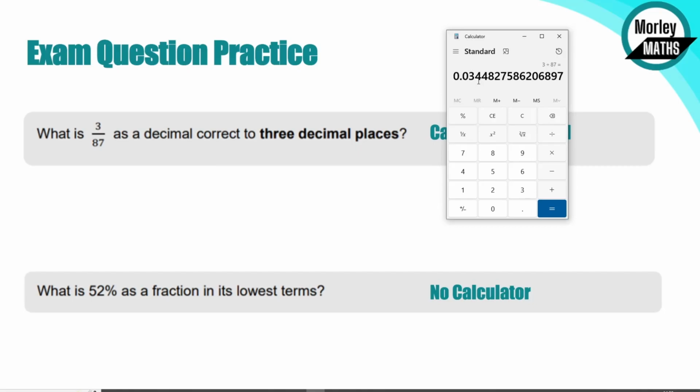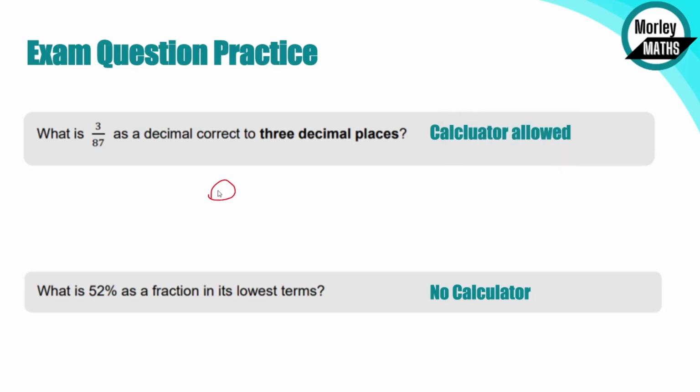So we're looking at the 0.034, and basically the rounding is dependent on the next decimal place, so that 4th one. If it's less than 5, then the 3rd decimal place will stay as it is. If it's 5 or more, we'd round it up to 0.035. So obviously that one's a 4, so we're just going to leave it as 0.034 as our answer for that question.